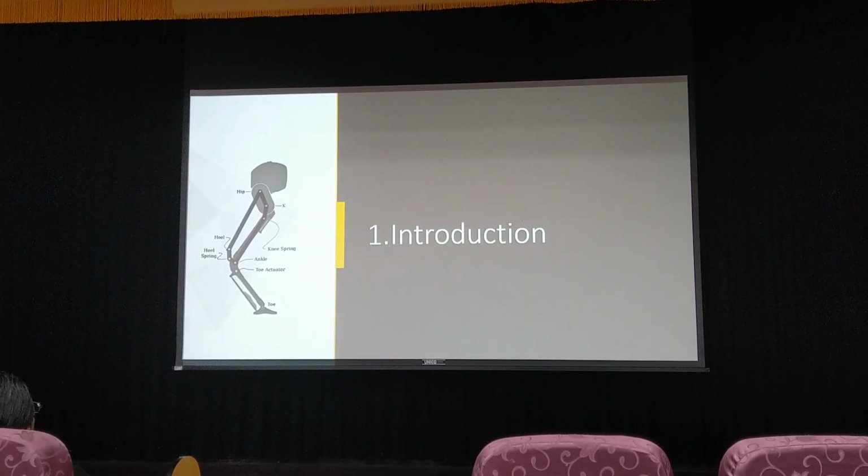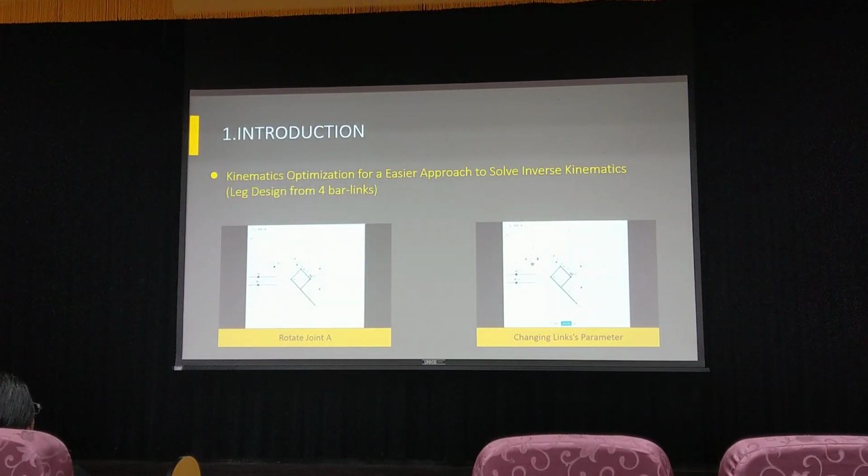So here's my introduction of my problem. In the previous slide, in short, I want to use the four-bar linkage for the leg and want it to have dynamic walking. So we have to start with the four-bar linkage. First, if we look at the rotation of the four-bar linkage, it follows a trace.